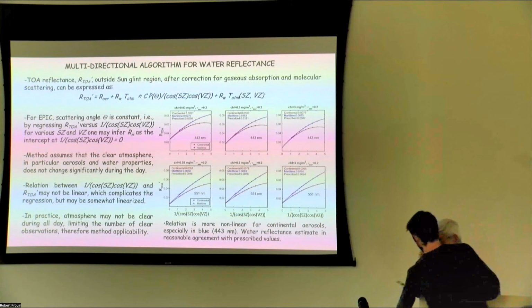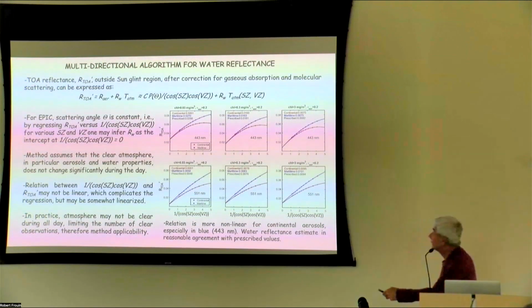If I denote by RTO prime the reflectance at the top of the atmosphere corrected for Rayleigh scattering, etc., it is a sum of an aerosol term plus a water signal, water reflectance times atmospheric transmittance.